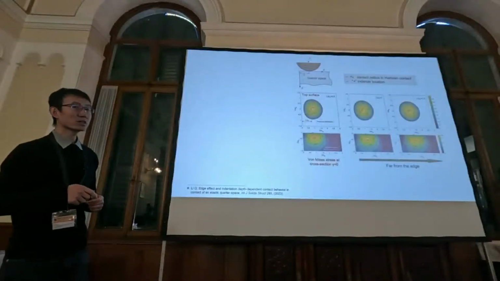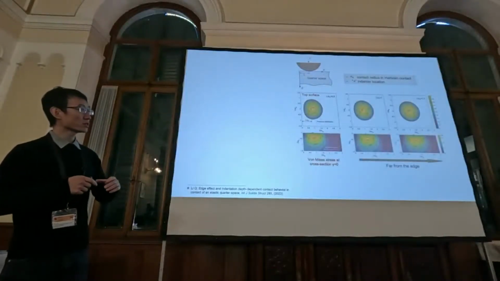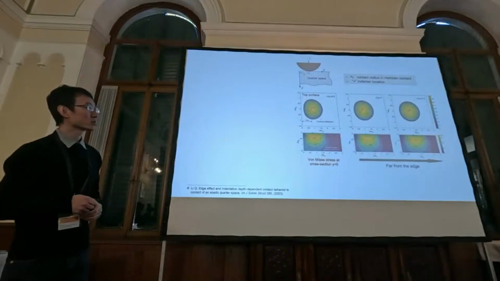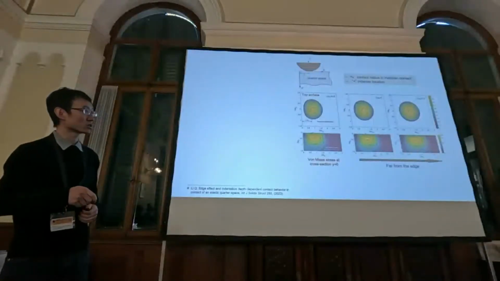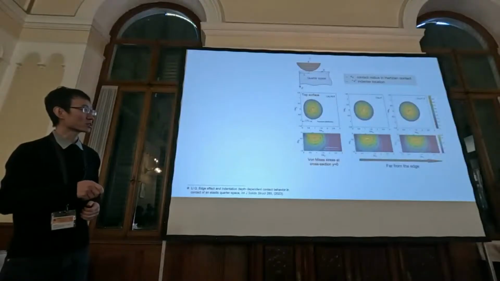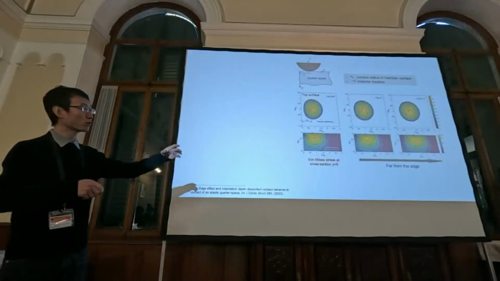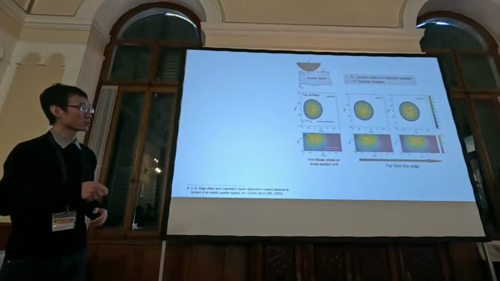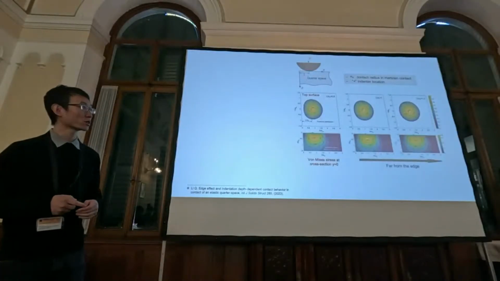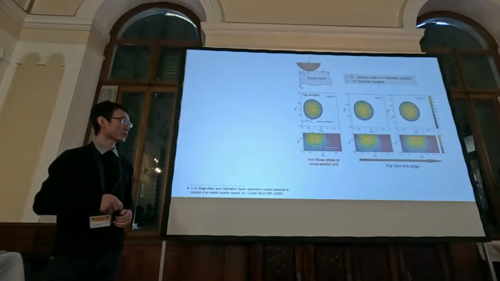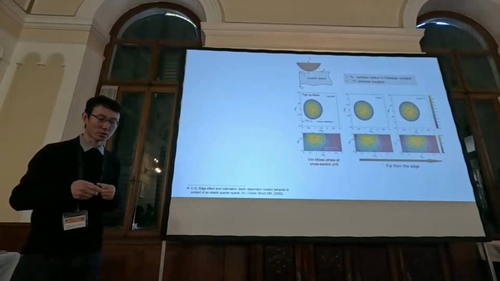If we move the indenter further from the side surface, then finally we get the half space solution. So this is the case. The indenter is a little far from the side surface. So this is the h, and this is the distance. So you can see the solution is already close to Hertz theory, and also the Hertz stress in the material.